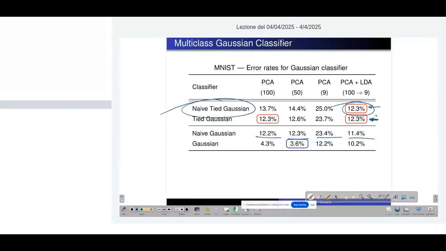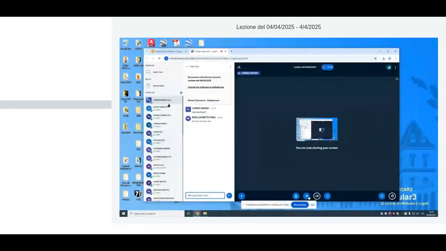Our implementation of LDA transforms our data, when we use it to reduce the dimensionality, in a way that if I compute the within covariance over the transformed data, it will be the identity. That's by construction of how we solve the generalized eigenvalue problem. This means that if the within class covariance is the identity, it's diagonal.